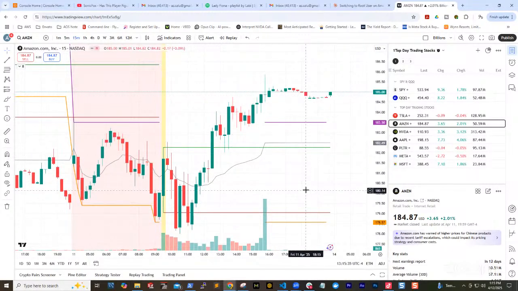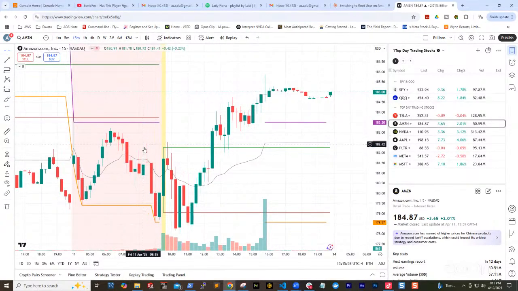So the stock always has its levels every single day, meaning the highest point the stock went for the day, the lowest point the stock went for the day, and how it was moving in between, right? Once you know those levels, that's what you want to watch for.